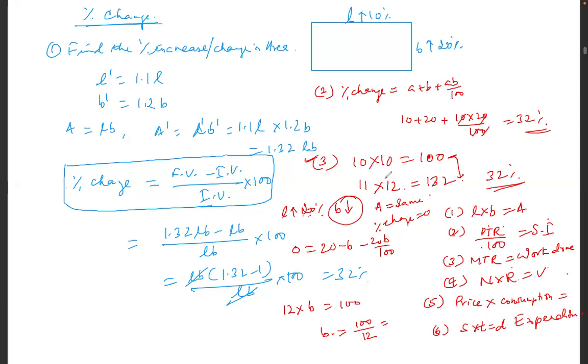How much do you get? 1.66. 1.66 in percentage, that is 16.66. Clear? That is the answer you get. So all these things can be done orally.